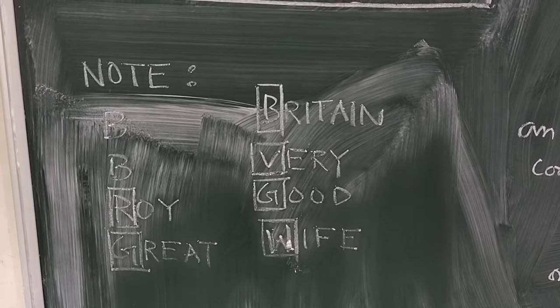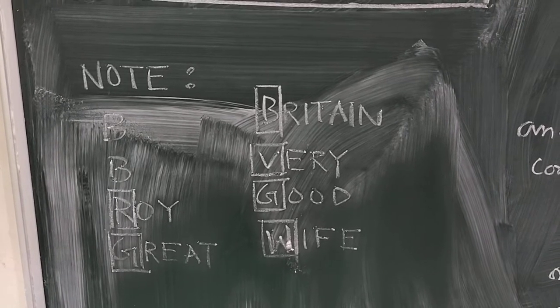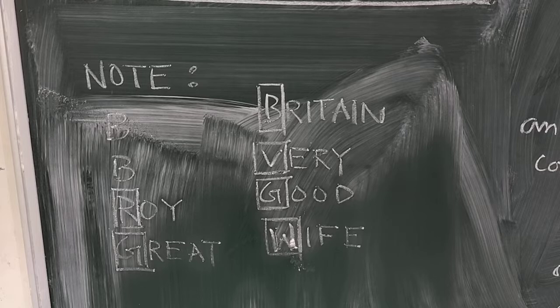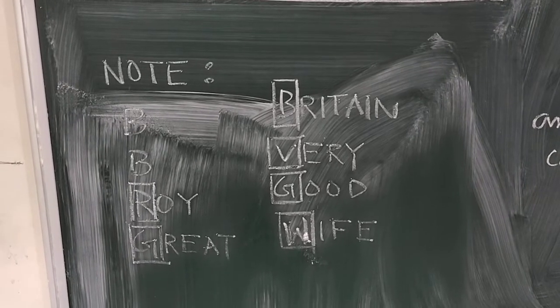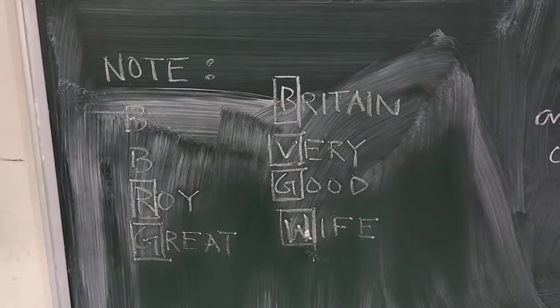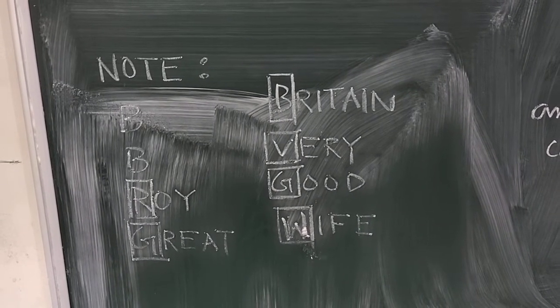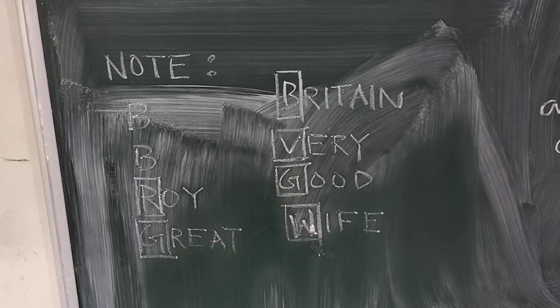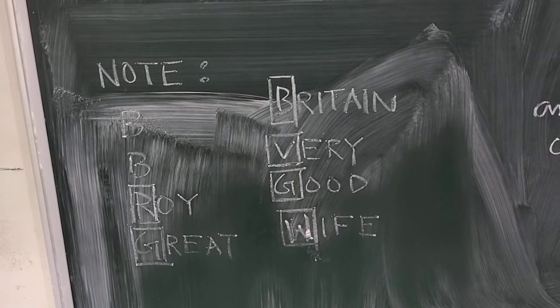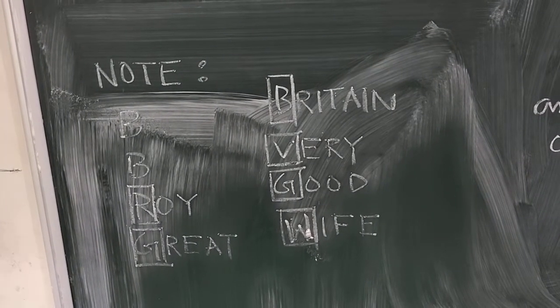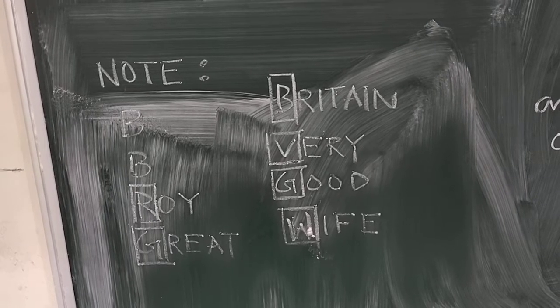great, G-R-E-A-T. This G will get counted. That is your B.B. Roy. B for black, B for brown, R for red, O for orange, Y for yellow, G for green, great.